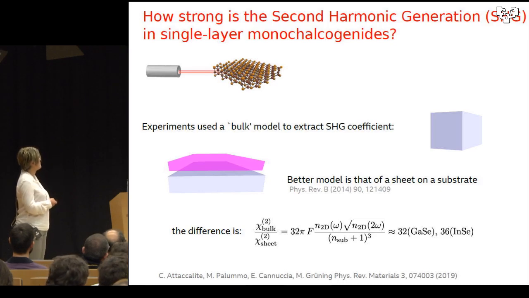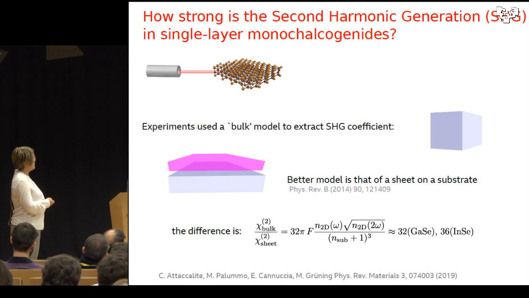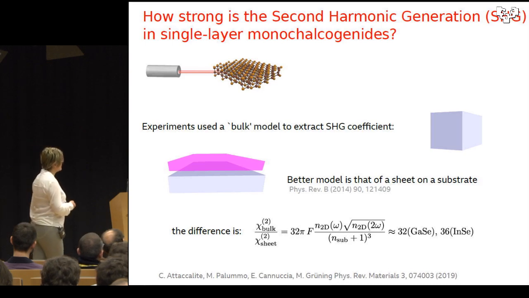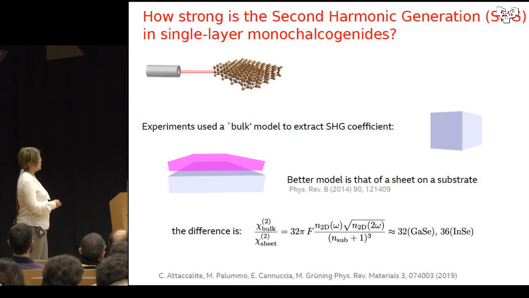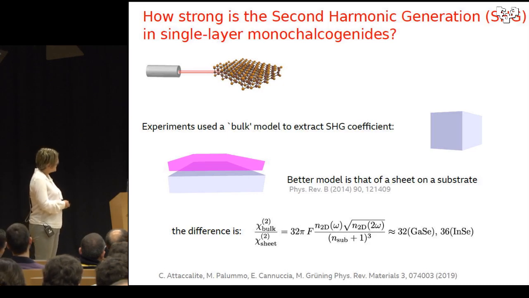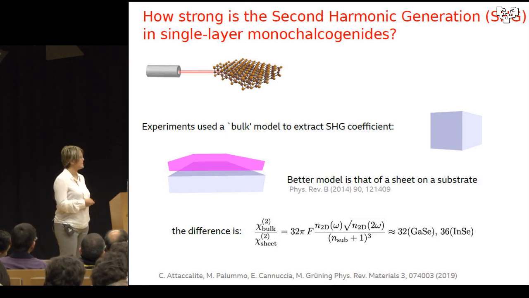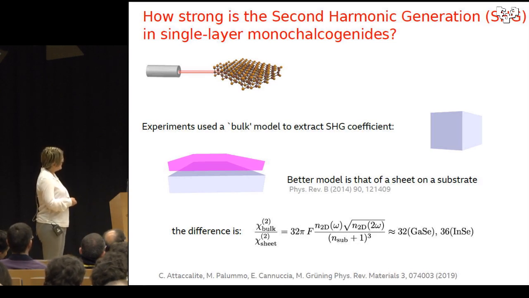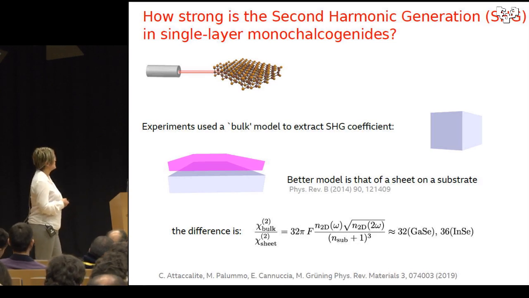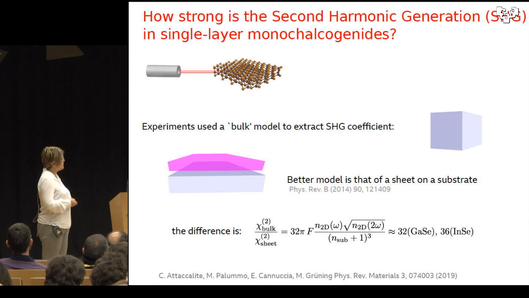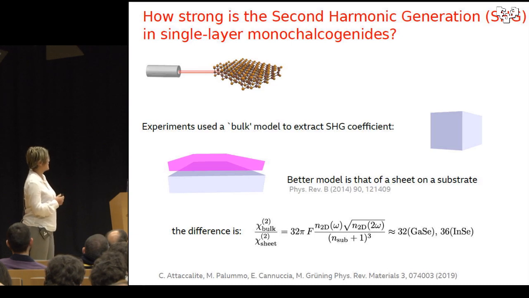So some of these experiments still use a bulk model to extract the second harmonic generation coefficient, and some others are a bit more careful and use a model of a sheet on a substrate. And then they also give this formula in terms of the refractive index of the 2D material and of the substrate, and then one can compare methods that use these different models and get a factor to relate these two estimates from the experiments.